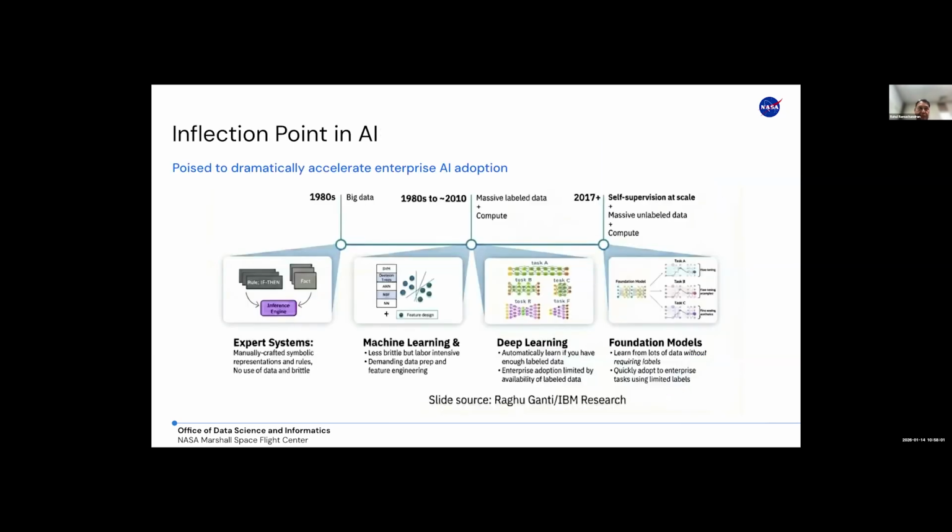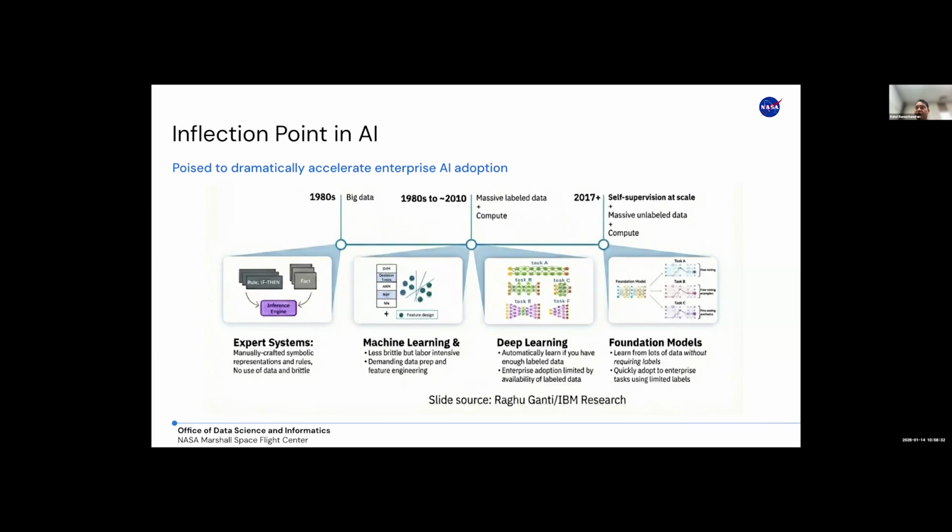We probably know about this in different ways. You've seen major shifts in AI. We've gone through the whole expert systems era pre-1980s. When I went to grad school, we were doing machine learning, where the focus was very much on feature engineering. If you could build your features correctly, you would get good results. Then the shift happened with deep learning networks, which you could use effectively if you had large amounts of compute and massive amounts of labeled data.